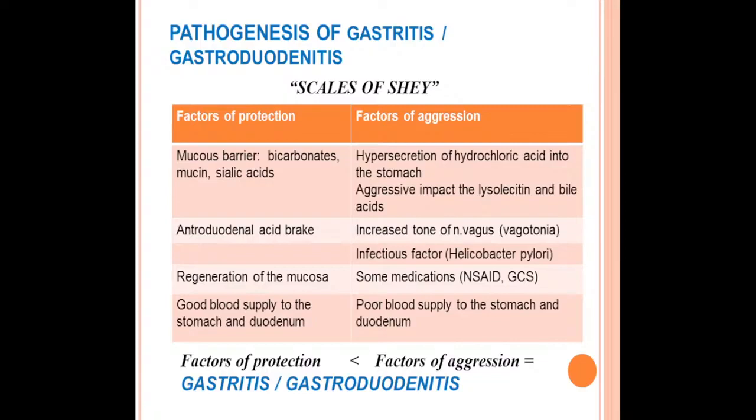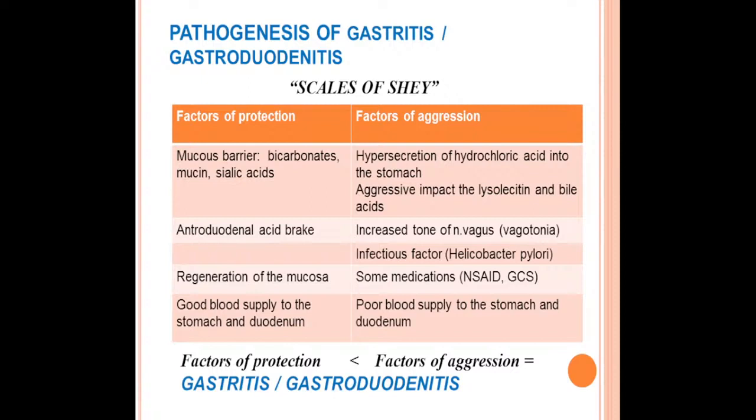Some medications also play an important role among the aggressive factors, and not only medications, but also gaseous drinks and fatty food. In adults, smoking and alcohol are very important, maybe beer, any alcohol drink.